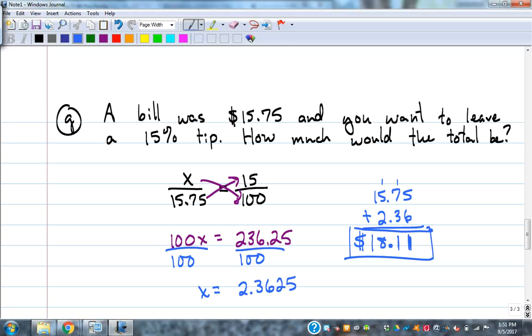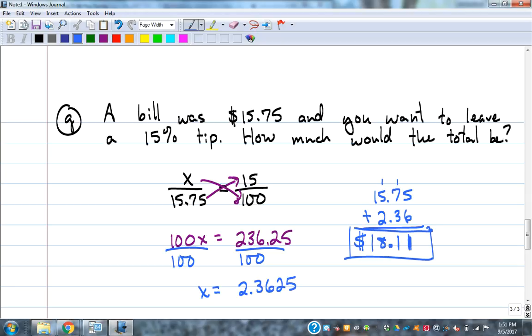Another way to do that would be what percentage of 1575 are you really paying when you leave a 15% tip? Not just 15%. You're paying a total that's bigger than $15.75, so it's over 100%.